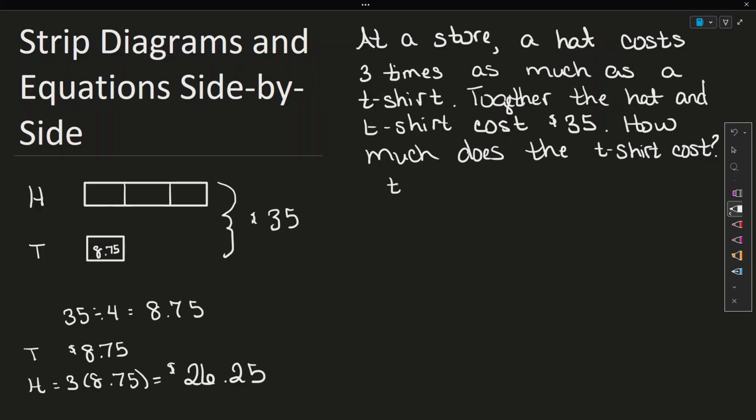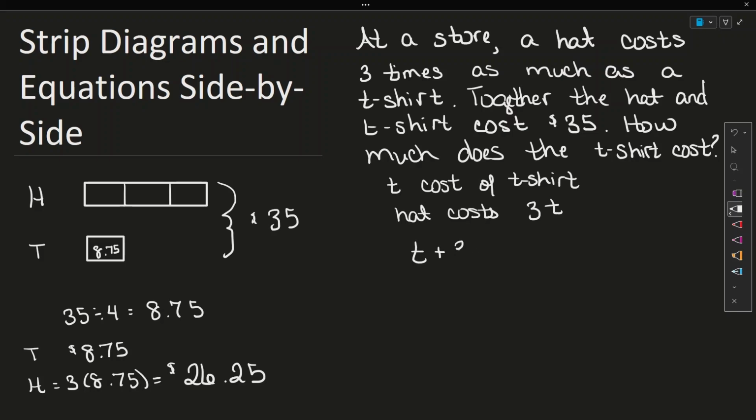We'll let T be the cost of the t-shirt in dollars. Then the hat will cost 3 times that, 3 times T. Together, they cost $35.